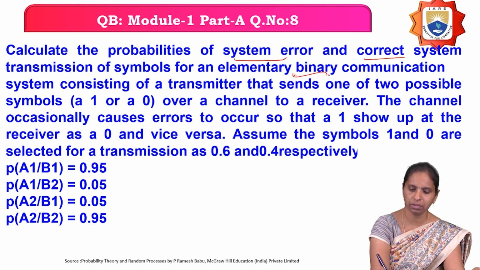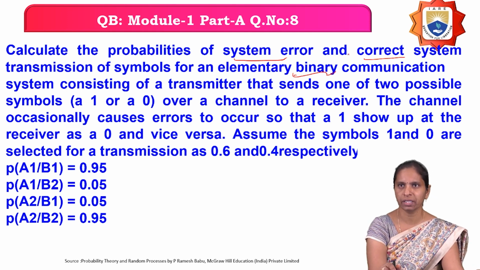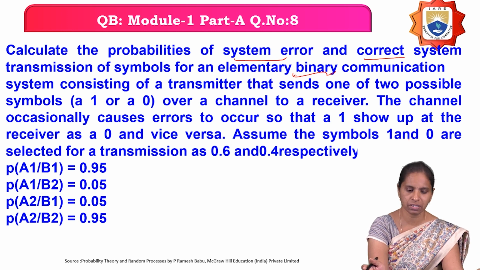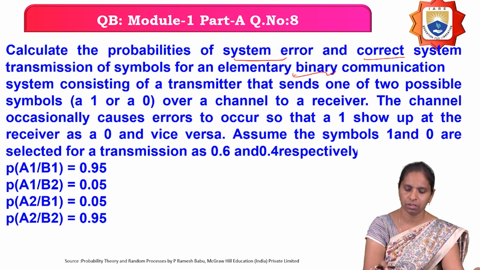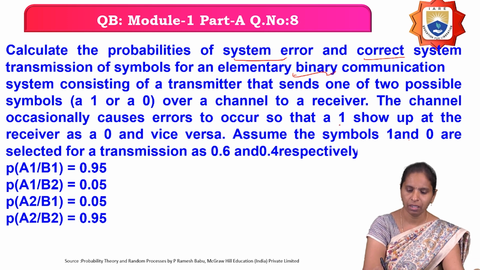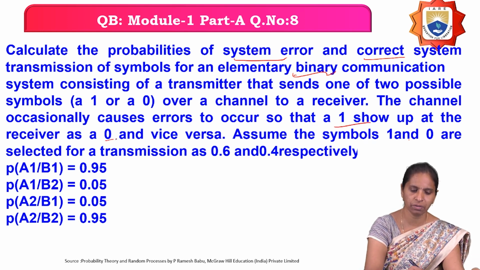Binary nothing but you'll have only two values, either 1 or 0. Communication system nothing but you have to transmit and then you have to receive the signals. So when you're transmitting through a channel to a receiver, the channel is sometimes making errors. So if you transmit 1, then it is shown as 0 at the receiver. If you transmit 0, it is shown at the receiver as 1.